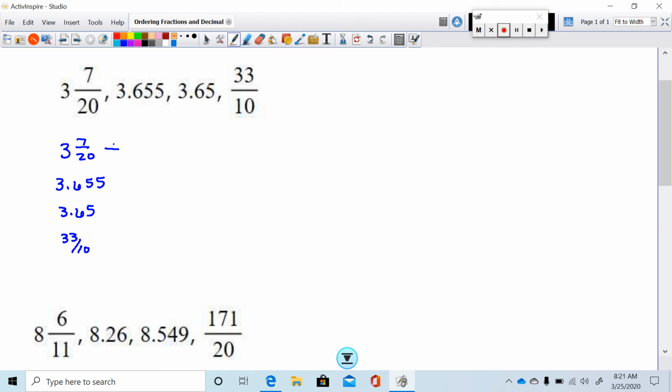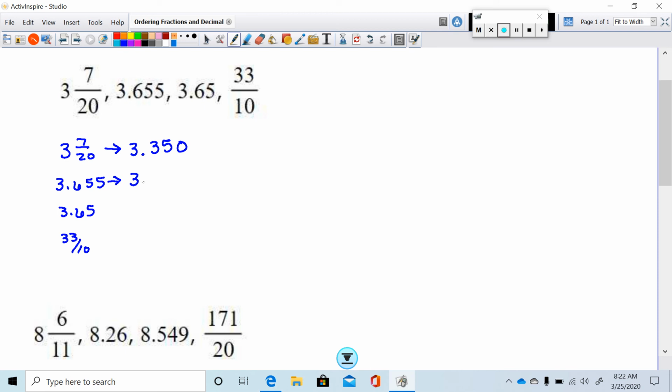Okay. Mixed numbers, the large number in front of the fraction goes in front of your decimal when you're changing it into a decimal. And then 7/20, if you divide that, you get 0.35. But I want to make it have 3 decimal places, so I have to put a 0. Anything that doesn't have 3 decimal places for this problem, you have to put a 0 at the end.